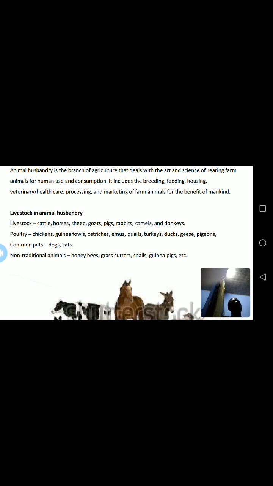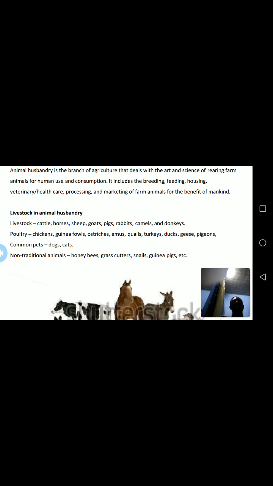Farm animals are not animals that live on the farm; they are animals that are kept and reared. So there is fish farming, beef farming, poultry which is chicken, goats, and cattle rearing, and so on and so forth. So let's look at what livestock are.